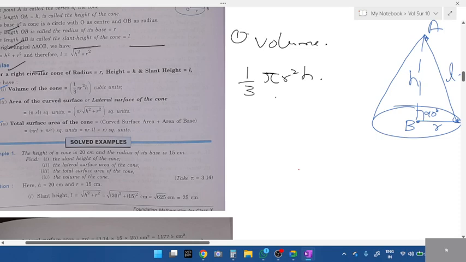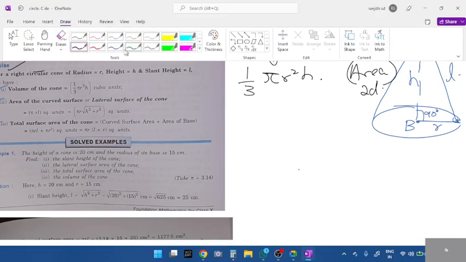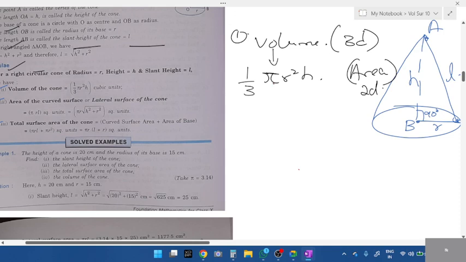I'll tell you what this 1 by 3 is. What is volume? For 3D we call it volume. If it is 2D, what do we call it? All of you respond. Area. Yes, area. Area of a circle is given by pi r square, and the height of this is h. For cylinder we studied, what is volume?